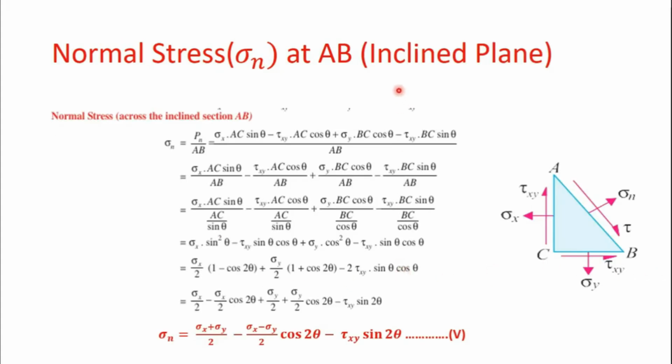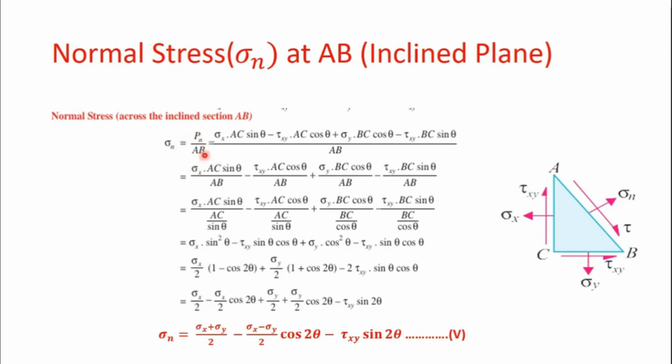Now we wanted to know the normal stress along AB and the tangential stress along AB. So sigma n equals Pn upon AB, and AB is the area since thickness is taken to be unit. So AB into 1 is AB.